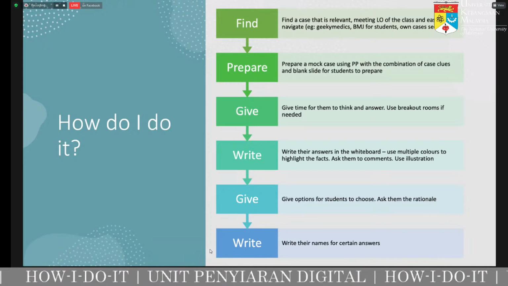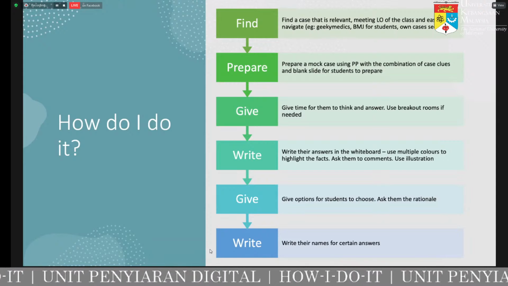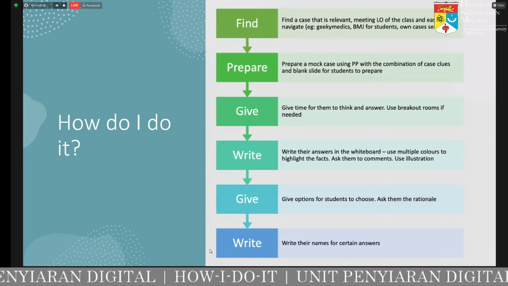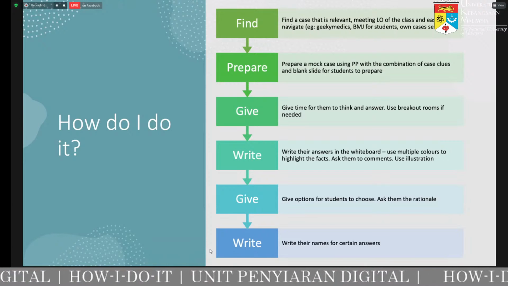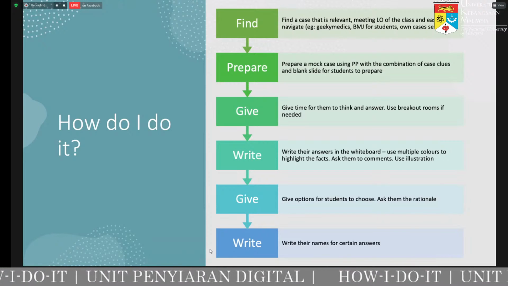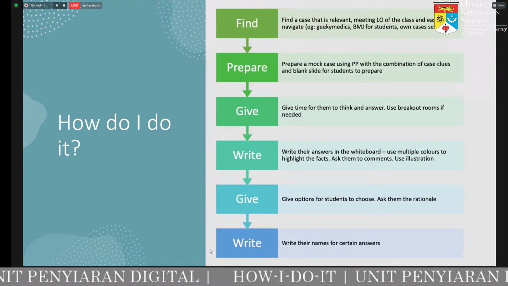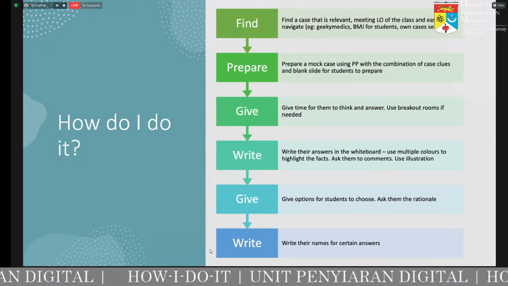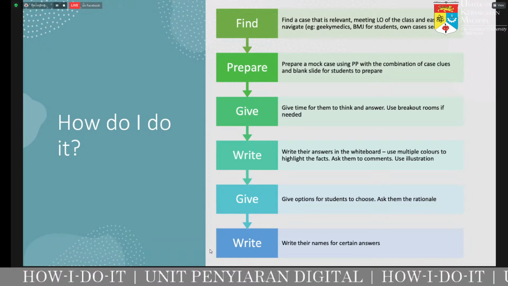Justify is questions you should ask or investigations that you should do to justify your diagnosis. Competing is questions and physical examination and all that for your differential diagnosis. Thorough is questions, investigation and all that just for completeness sake. So it's not really that important for diagnosis, but just for thoroughness, those are the questions that you might want to set. So all this you can set yourself, right?